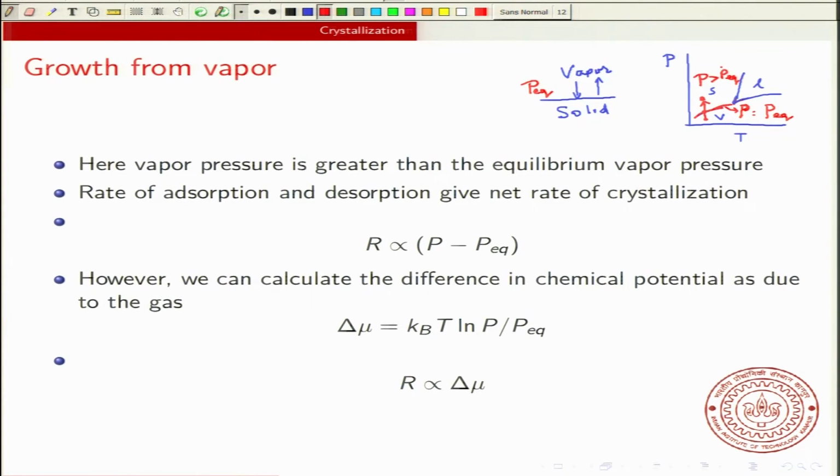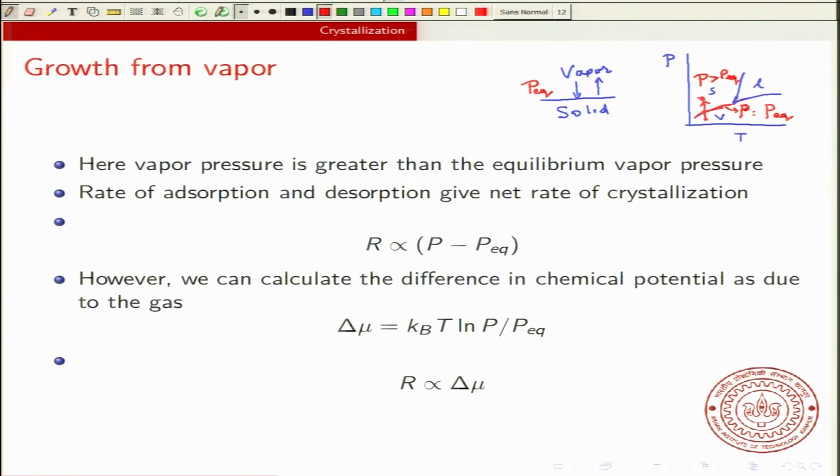Now you can calculate the difference in chemical potential between a solid and a gas. The change in chemical potential is mainly due to the change in pressure of the gas, because the chemical potential of the solid is not really dependent on pressure.